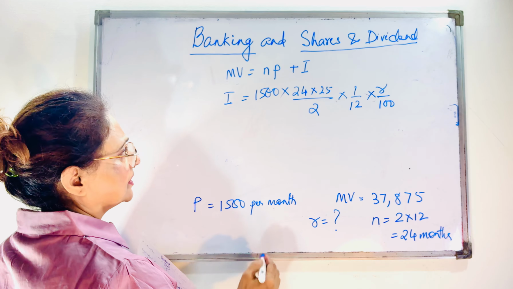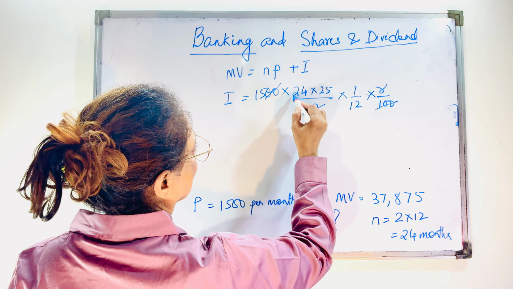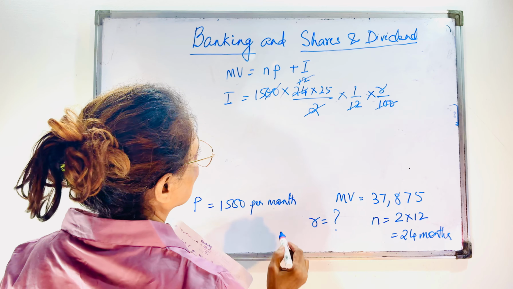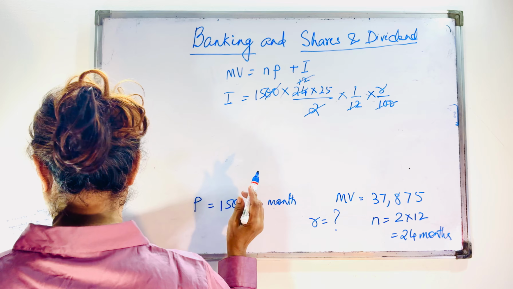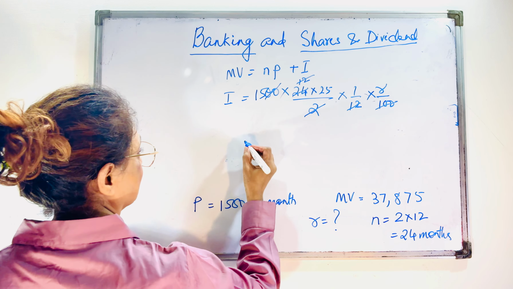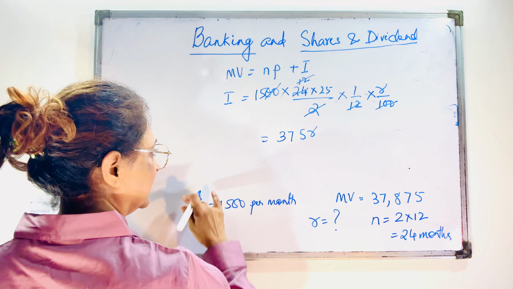This is the interest. Calculate. 12 and 12 get cancelled. So 15 into 25 is 375 R. Fine.